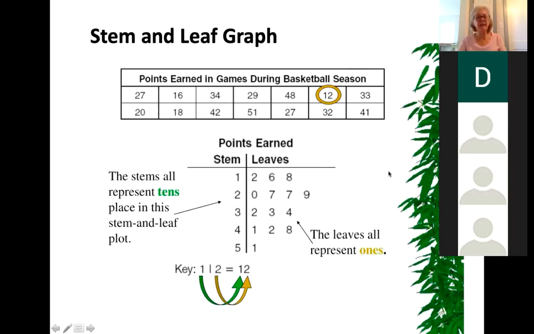So skipping ahead to graphs. There are two graphs besides the box whisker plot that are very popular. You might not have heard of this one. This is a stem leaf graph. So I have data that has 2 digits, points earned in games during a basketball season.